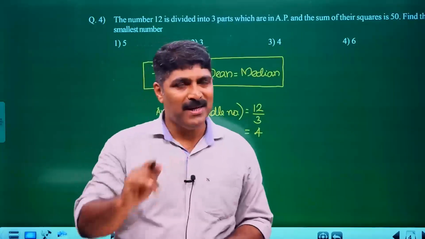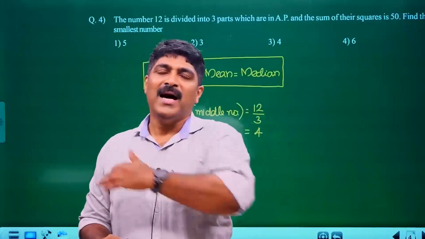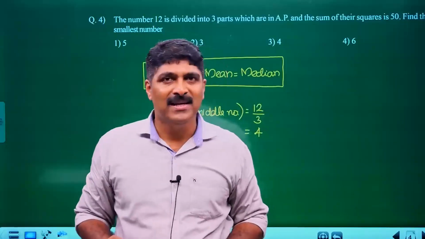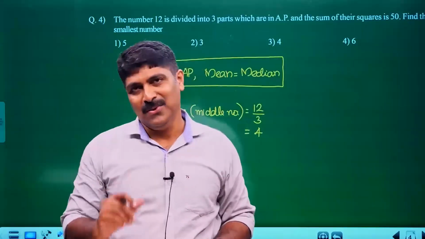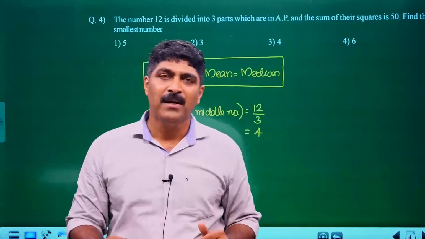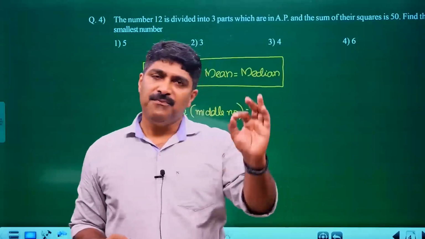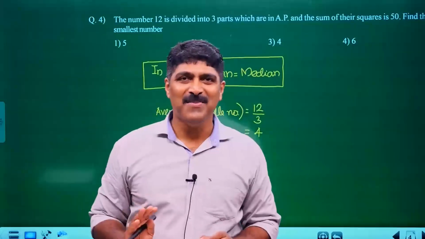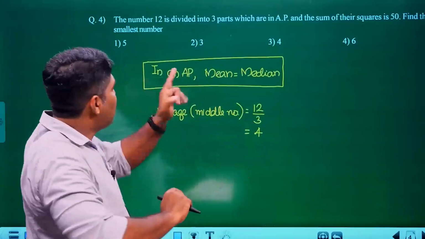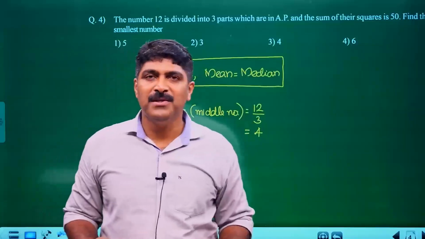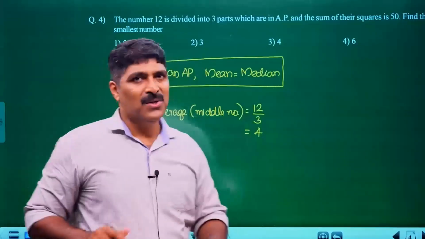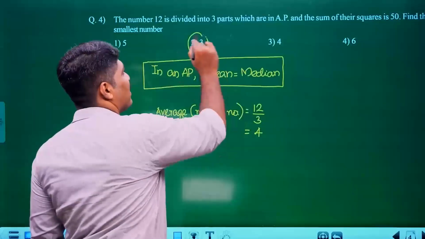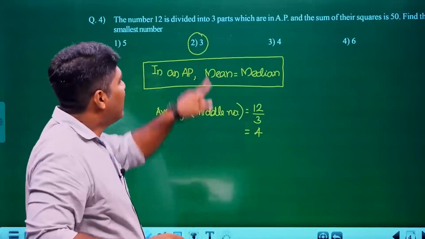That's one possibility, and 4, 4, 4 are in AP with common difference 0. That may be confusing, so consider that the least value should be less than 4. Look at the set of options: which among them is less than 4? Only one option, so that's a possible answer.